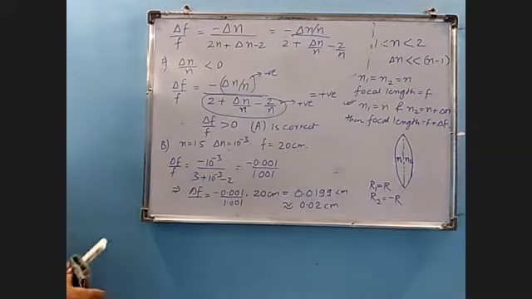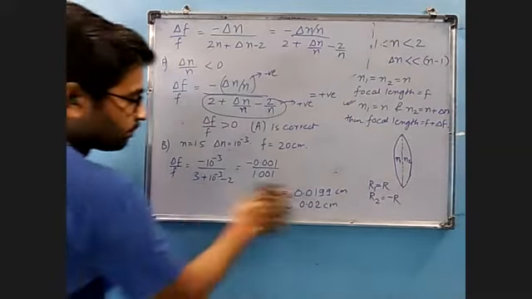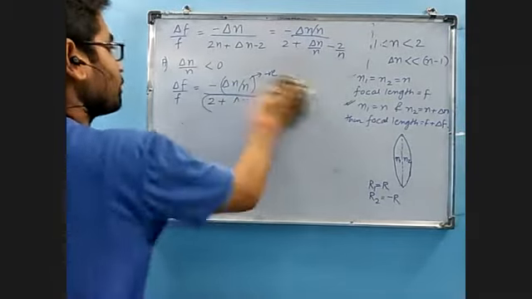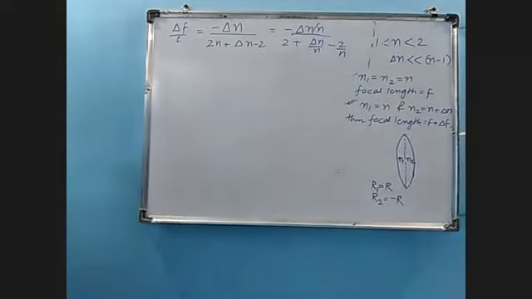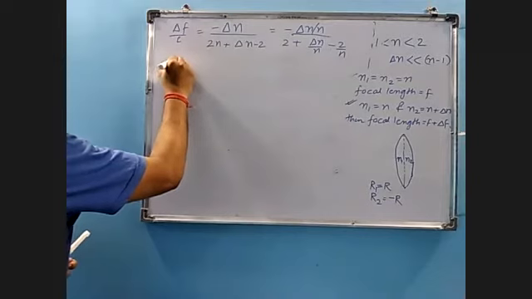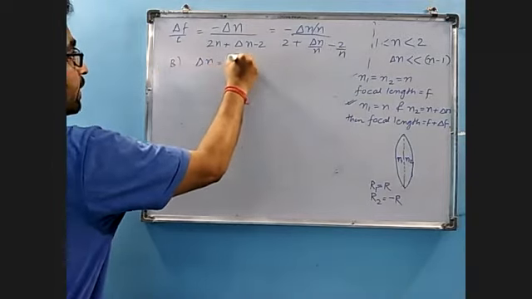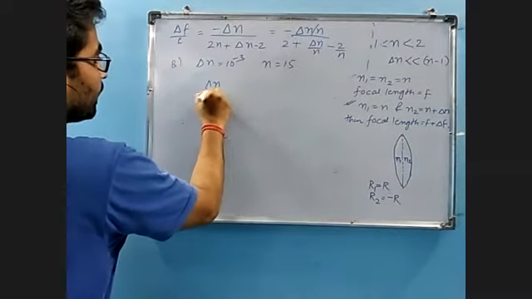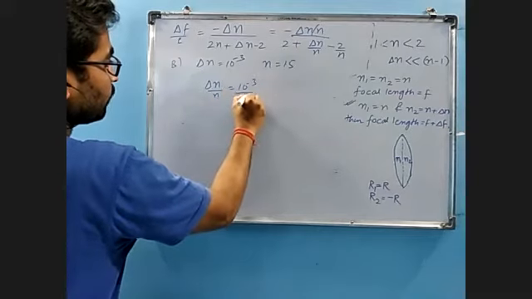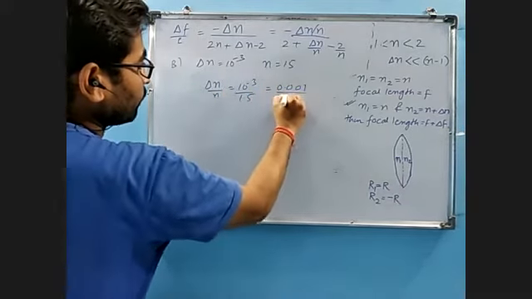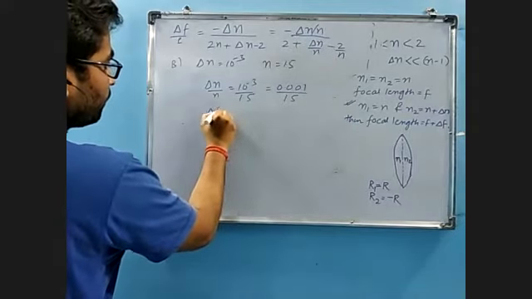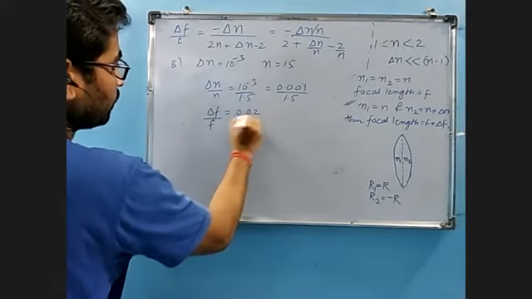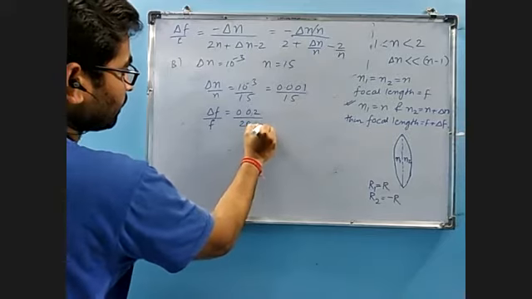Now let us look at this third part. From the B part only you can see delta n was given to be 10 to the power minus 3 and n was given to be 1.5. So delta n by n is 10 to the power minus 3 upon 1.5, that is 0.001 upon 1.5, and we have delta f upon f to be 0.02 upon 20 centimeter.